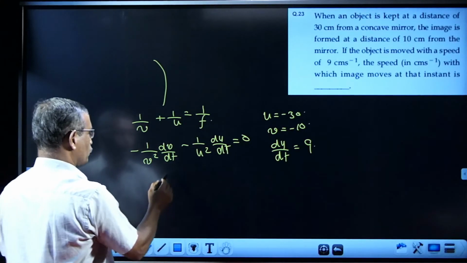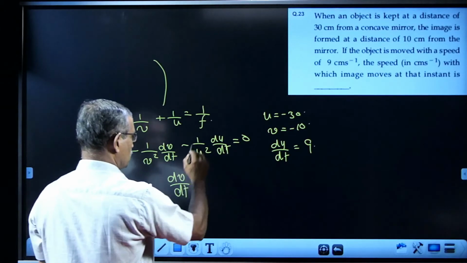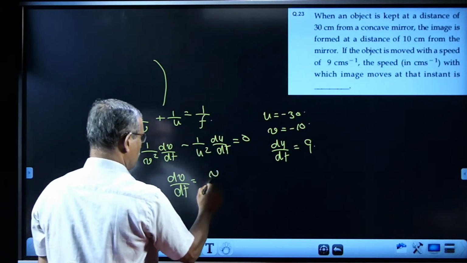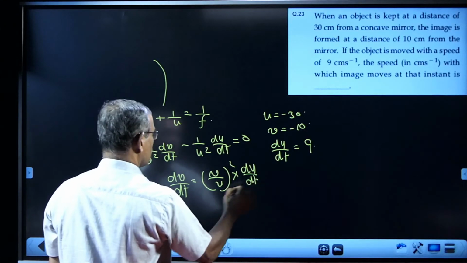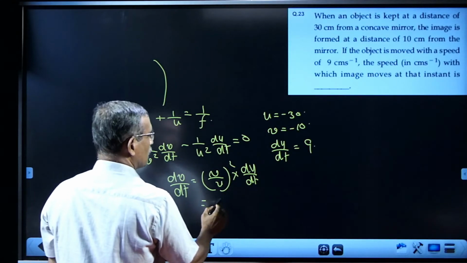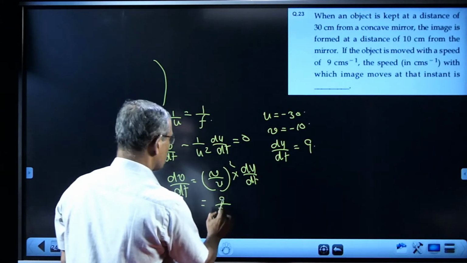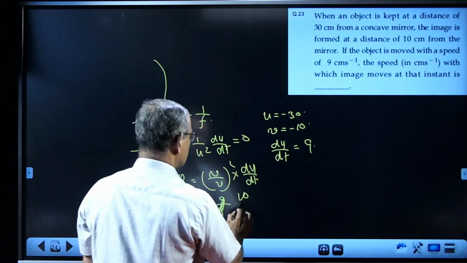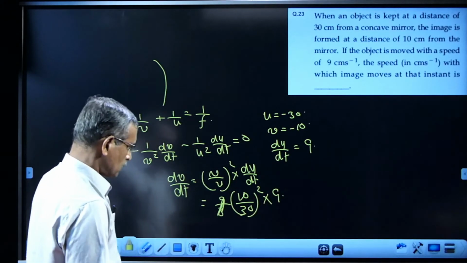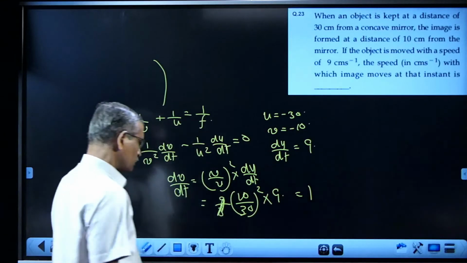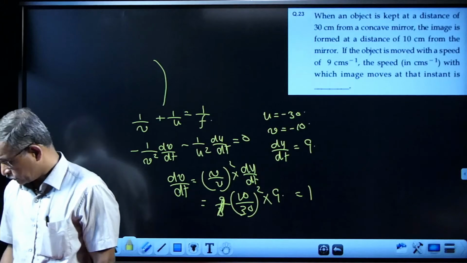From this you know that dv by dt is equal to v by u whole square into du by dt, that is 10 by 30 whole square into 9. That is equal to 9 by 9, that is equal to 1. So dv by dt is equal to 1 unit. So the answer is 1.00.